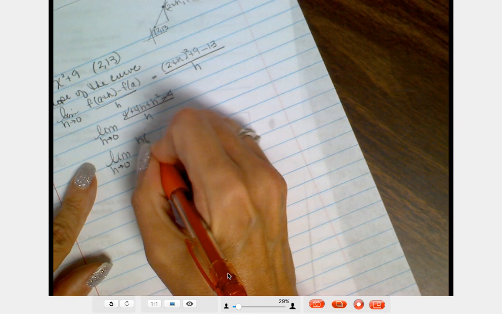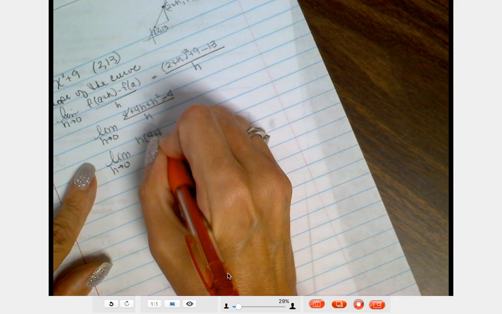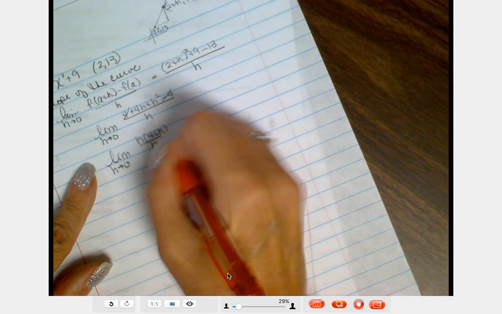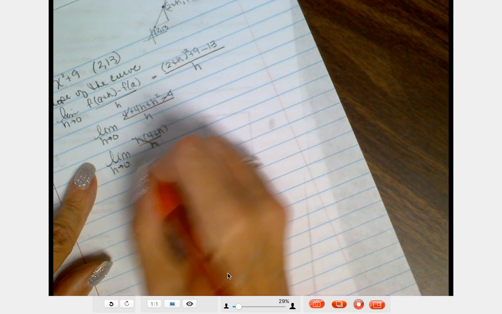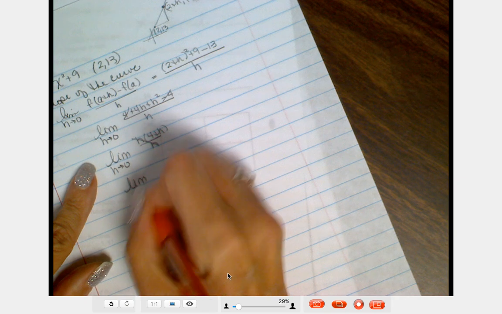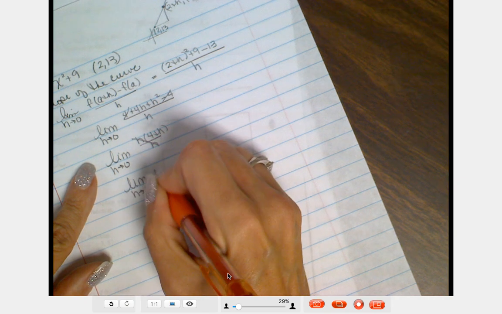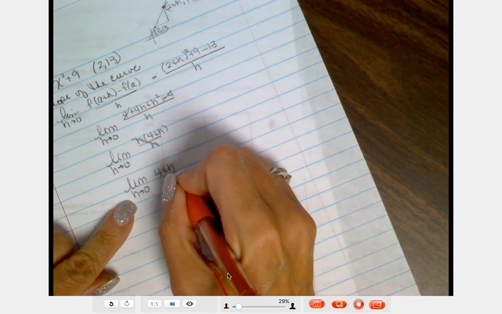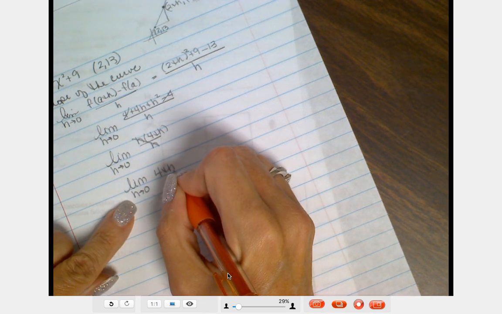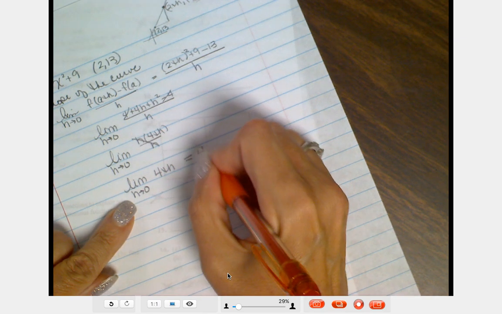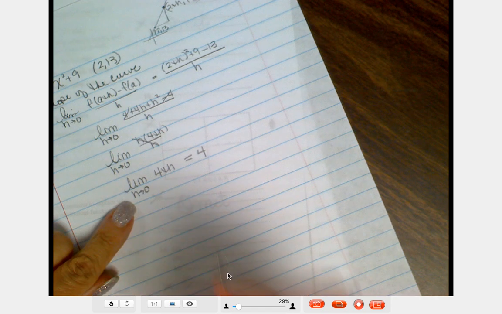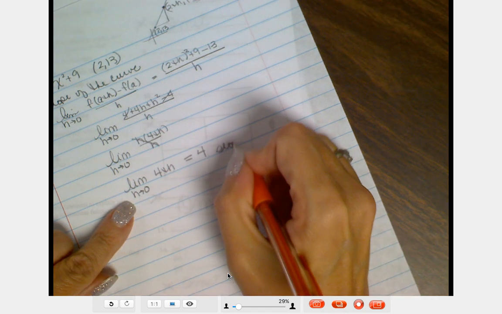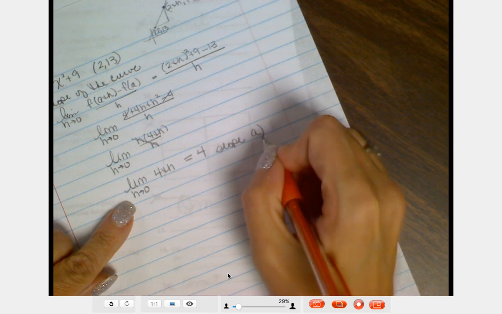So take out an h. That leaves the limit as h approaches 0 of 4 plus h. And when I substitute a 0 in for h, my limit is 4. That is also my slope. That is your answer to A.